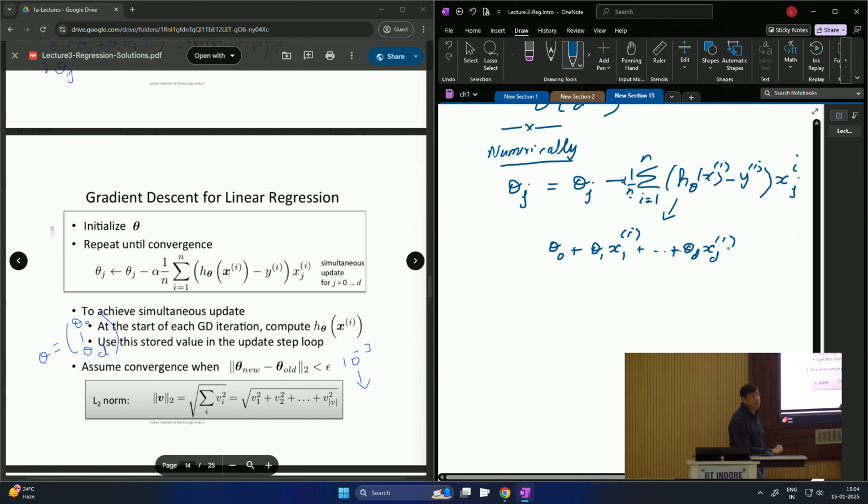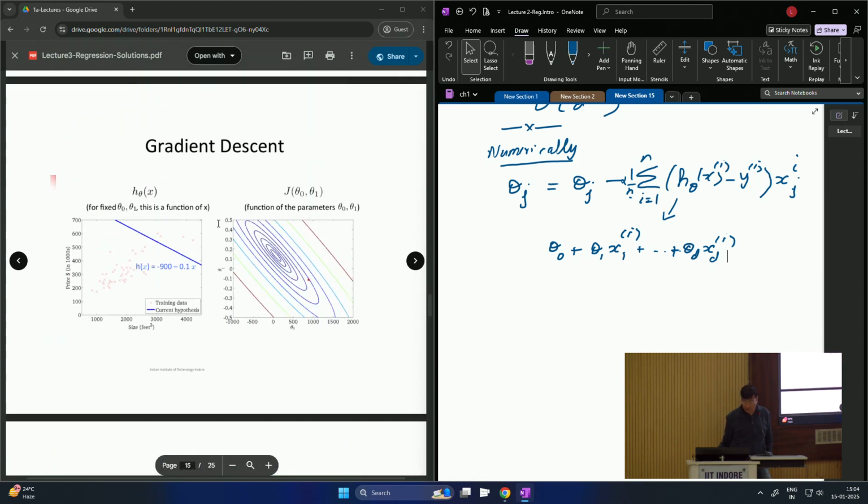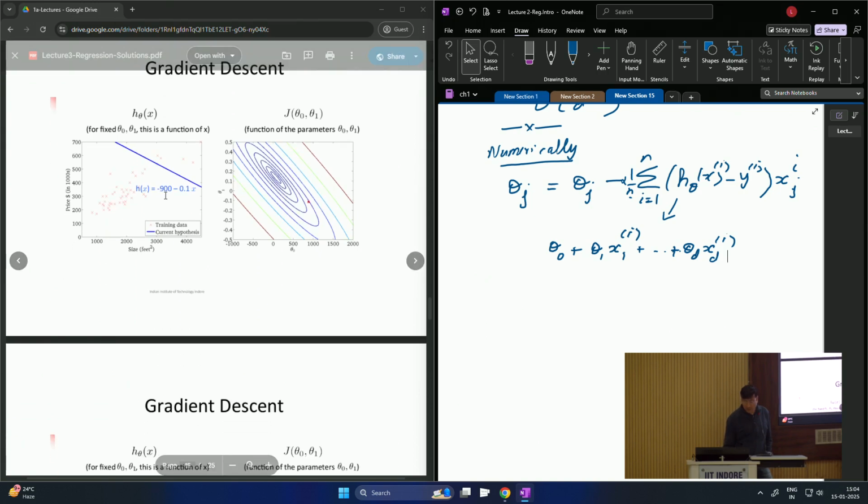How would you check? You're doing multiplications here. Where are these theta naught, theta 1, theta d coming from? They're coming from the previous iteration, right? The previous iteration is something like what we showed in this one. You started with something like theta naught is minus 900 and theta 1 is minus 0.1 in this example.